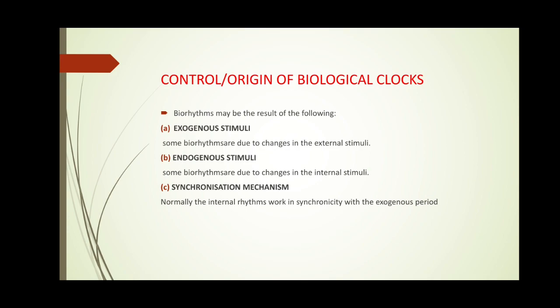So we will talk about them one by one. Some biorhythms are due to changes in external stimuli. These are called exogenous. And some biorhythms are due to changes in internal stimuli. They are called endogenous stimuli. And some are controlled by both endo and exo.